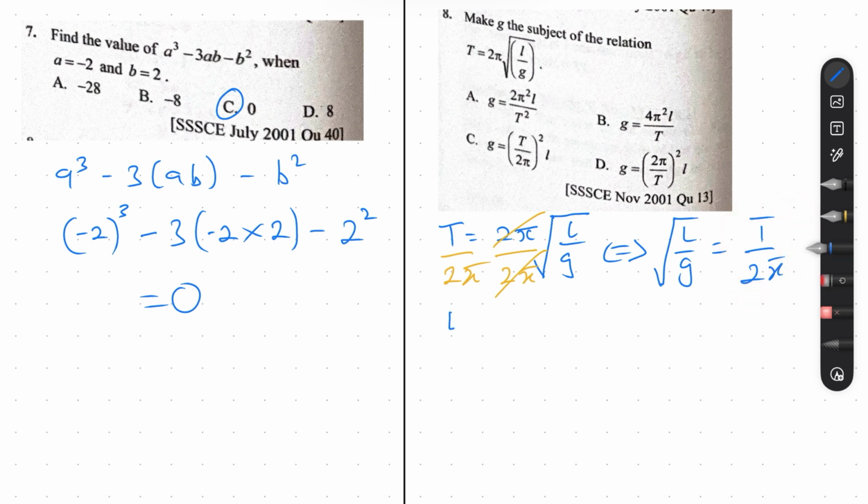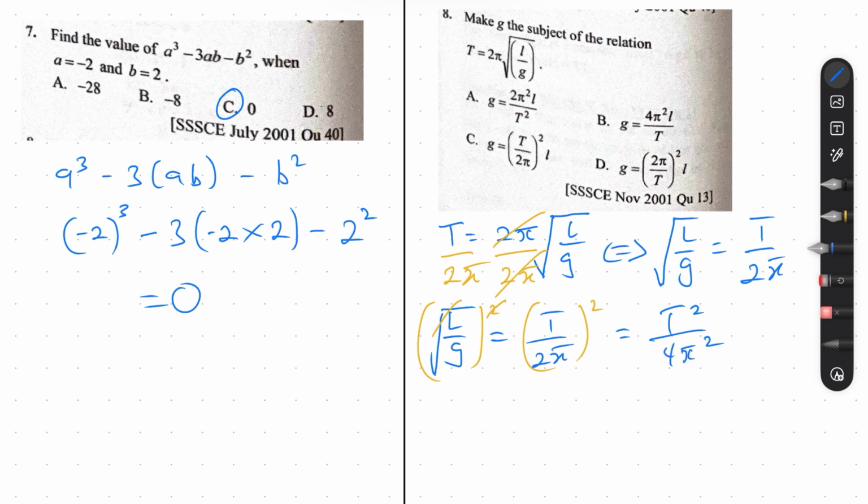So we have the square root of L over G is equal to T over 2 pi. Now let's take the square of both sides, times 2 power 2. This square root will cancel the square, and then finally you would have t squared over 4 pi squared.